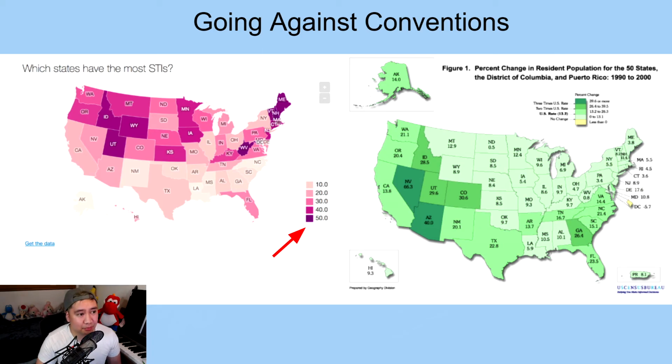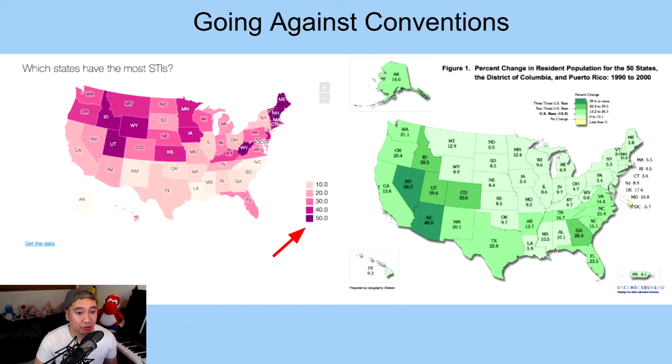So this is super misleading because first, when we see colors as human beings with our human eyes, the dark colors usually catch our eyes first, and they mean density or quantity, right? So we would normally assume by convention that the darker color means there's more of a certain thing, like maybe more STIs in this case, but it's the opposite.